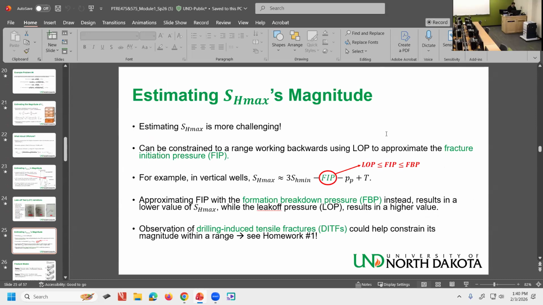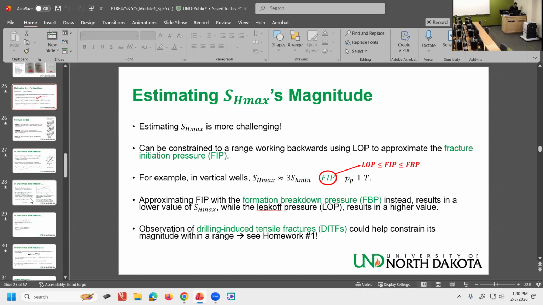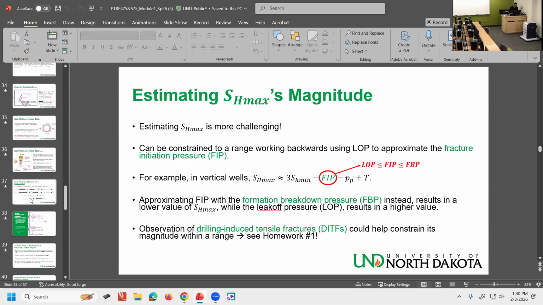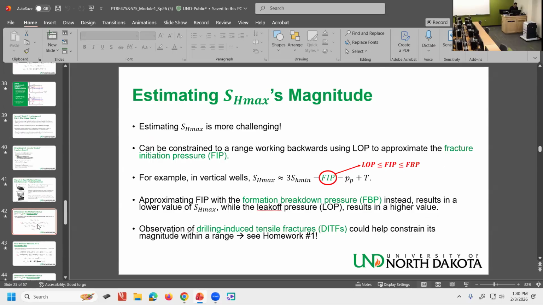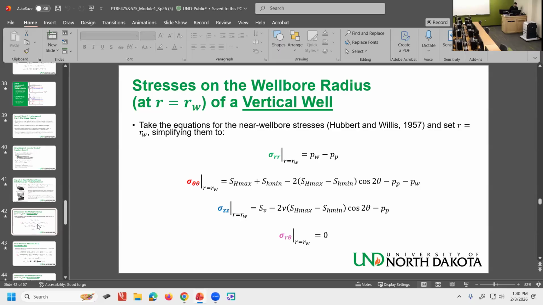And this is how it's derived. We just go to slide 42. You set the tangential stress equal to minus T, and you solve for PW.